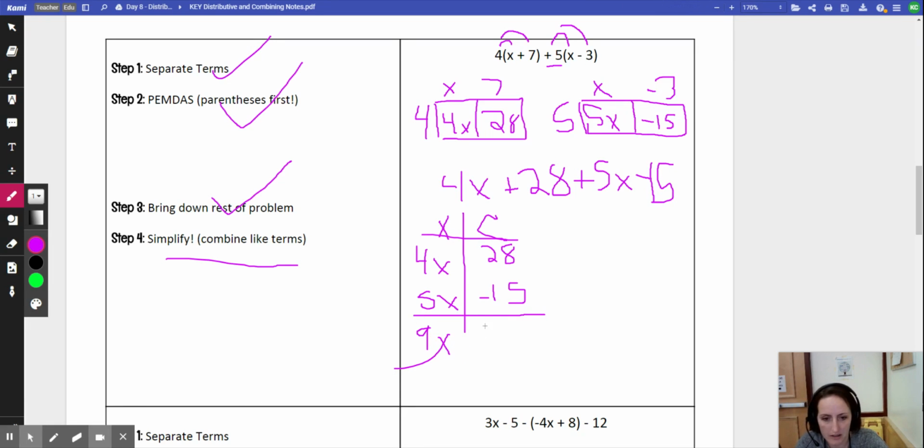Sorry about the little tail on the x. 28 minus 15 is 13. And our final simplified answer would be 9x plus, because it's positive, 13. Hopefully you guys got it.